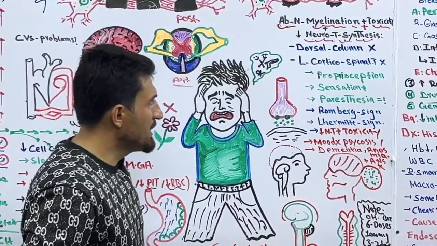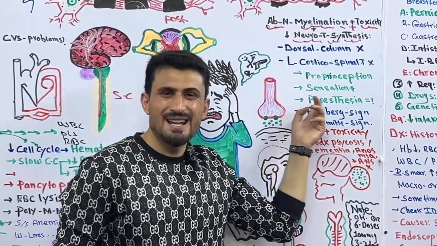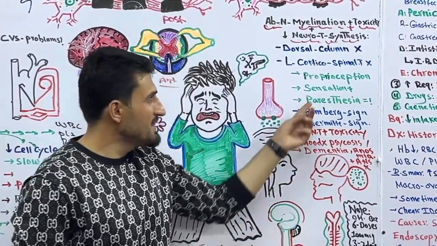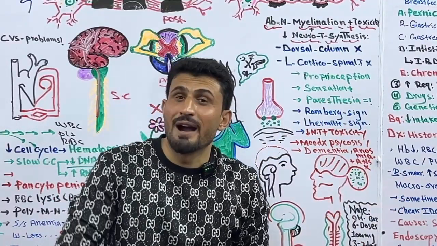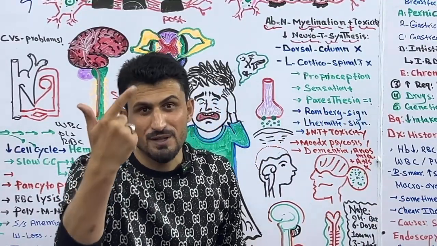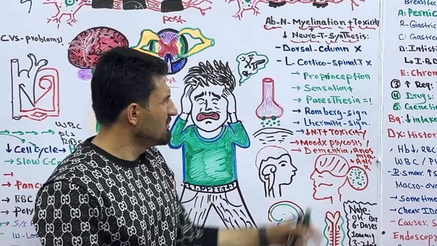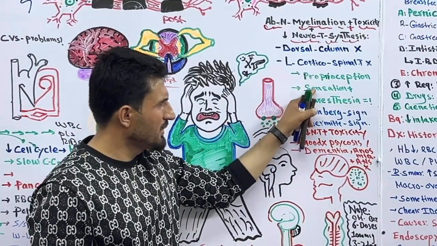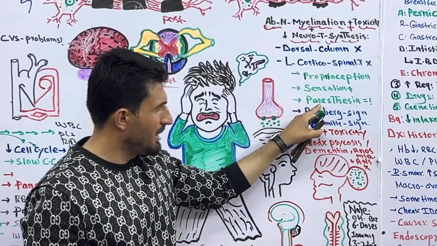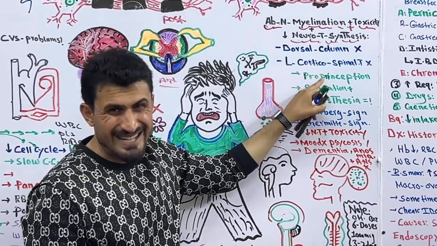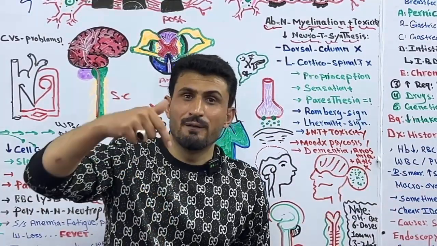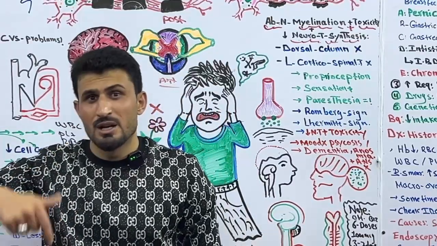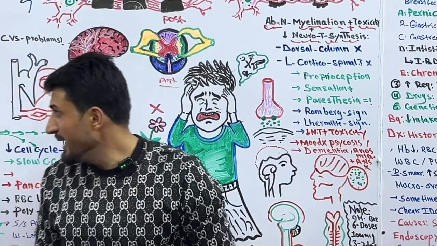Plus the patient will develop paresthesia, this is very important. This paresthesia is developed in deficiency of vitamin B12, not in deficiency of vitamin B9. So collectively, all of these, proprioception loss, paresthesias, pain, tingling, are developed in deficiency of vitamin B12, not in deficiency of vitamin B9.